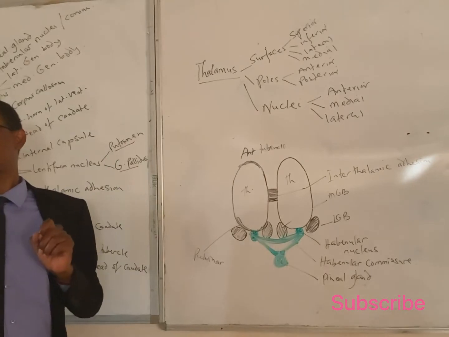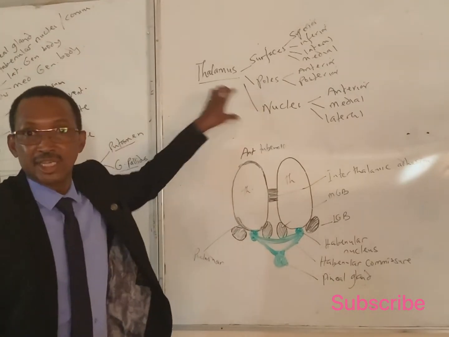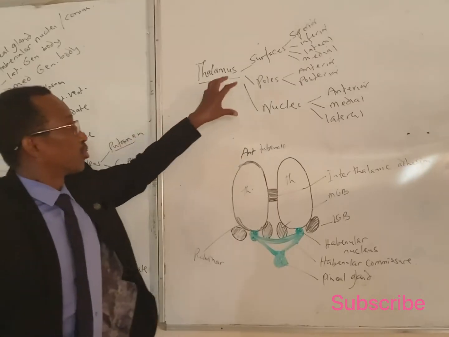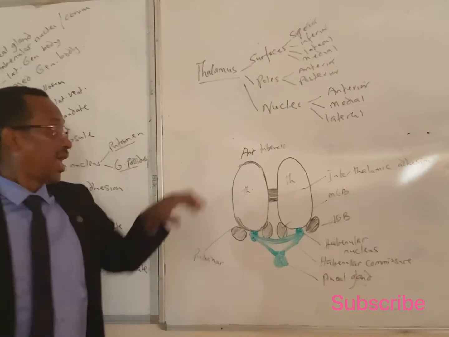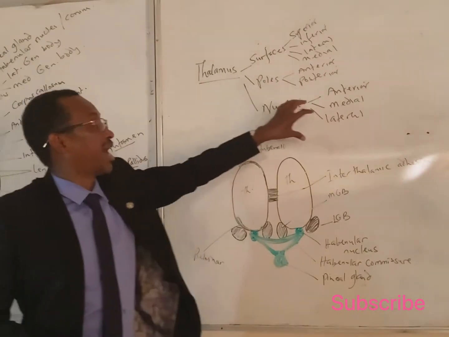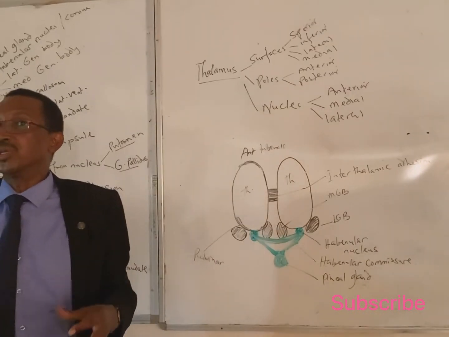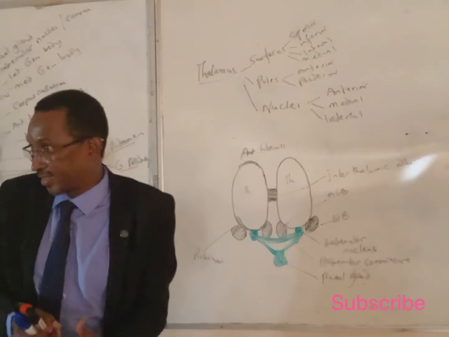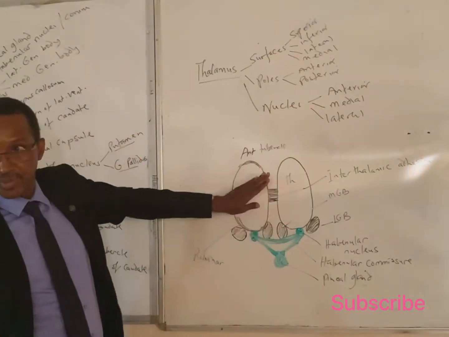So if we now take one thalamus and discuss it briefly now. Each thalamus has surfaces, and it has poles, and it has groups of nuclei, because we already said that the thalamus is a group of nuclei inside it. So it has a superior surface and an inferior surface.